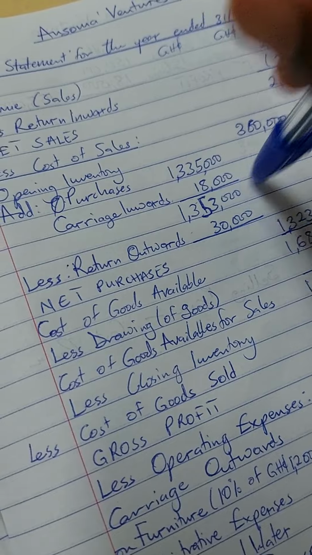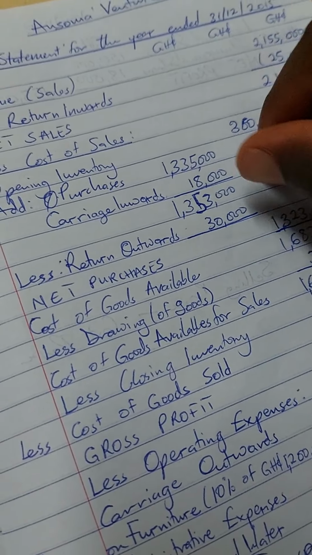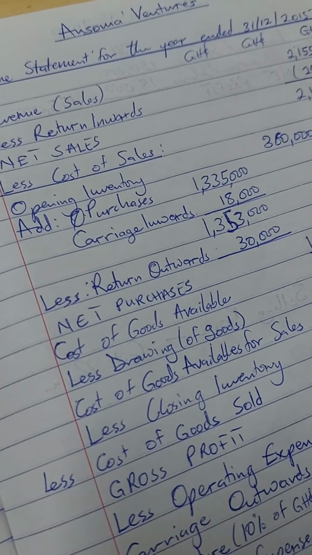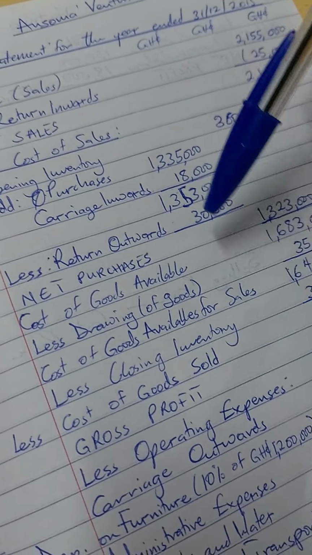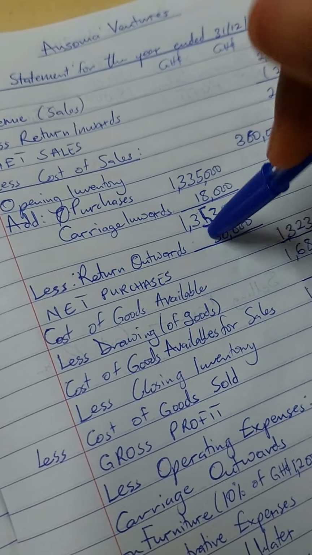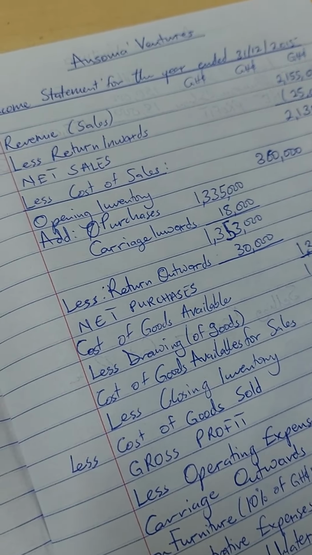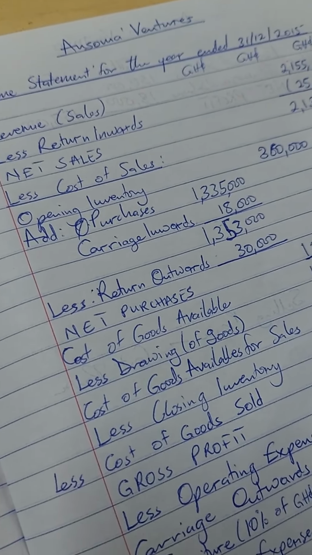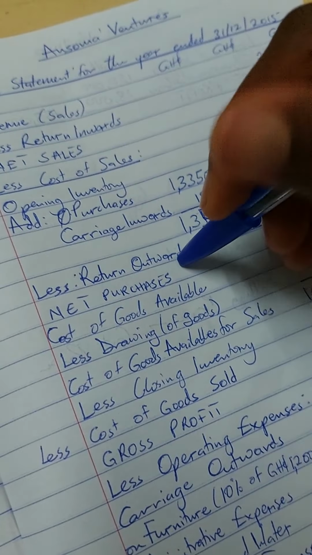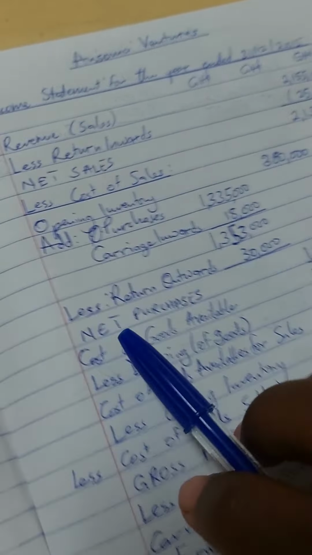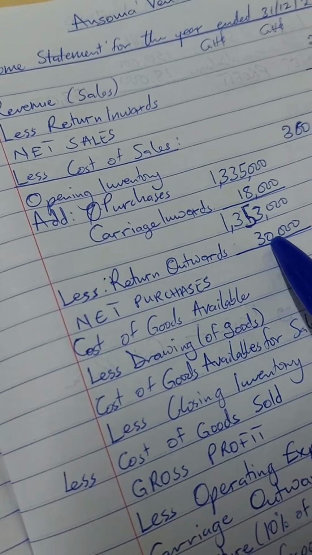You don't directly move this figure here, because some of the goods happened not to meet your description or were faulty, or for some reason or the other, you returned them. Did you buy those goods finally? No. So in calculating your actual purchases figure, you take away the goods you returned from it. That's why we say less return outwards.